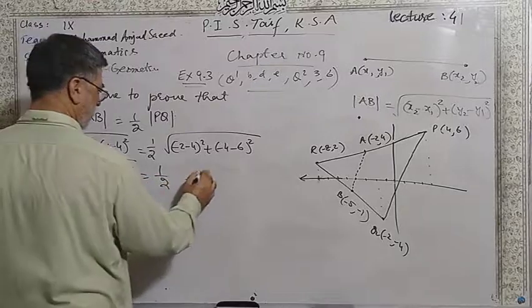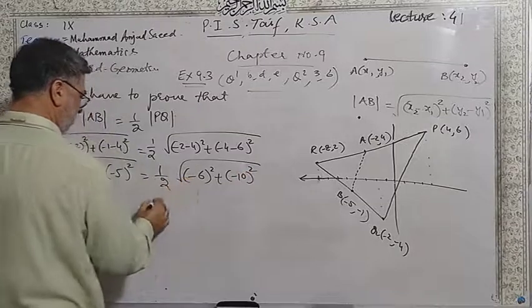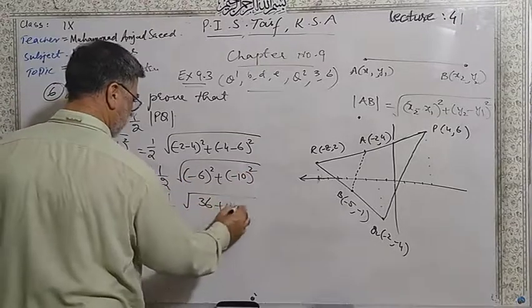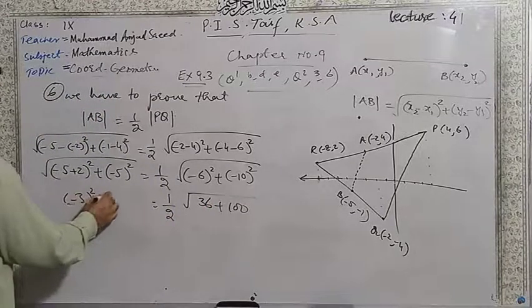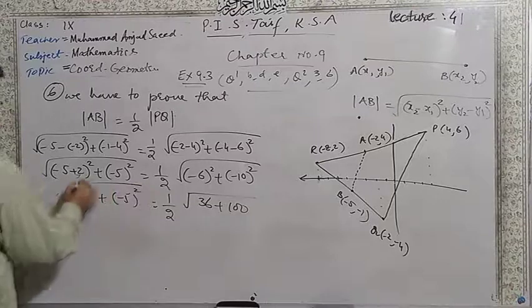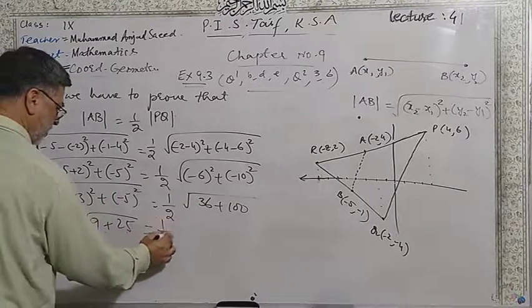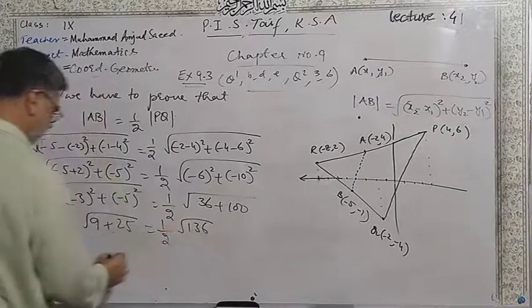And 1 over 2 times root of minus 6 square plus minus 10 square, that is 1 over 2 times root of 36 plus 100. Here it is minus 3 square and minus 5 square under root, 9 plus 25 under root, is equal to 1 over 2 into 136 under root.